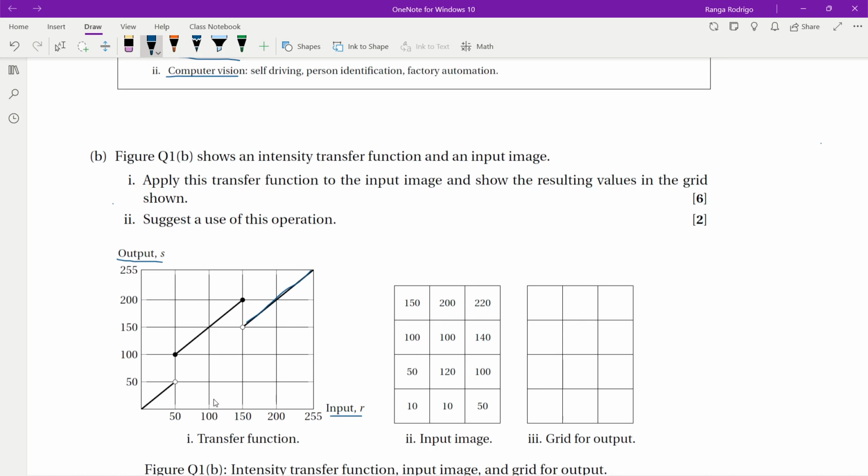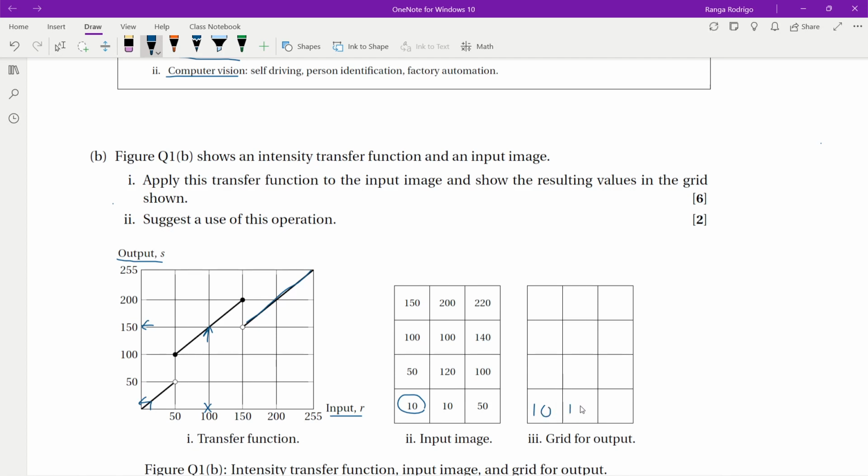What this means is if you input a pixel value like 100, we ask from this transform what must be the output value, which would result in 150. So we take values like 10, for example, and see the resulting value. 10 actually results in 10 itself because the line is of slope 1.